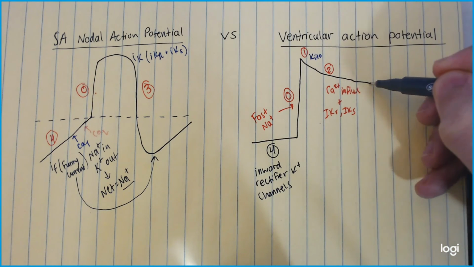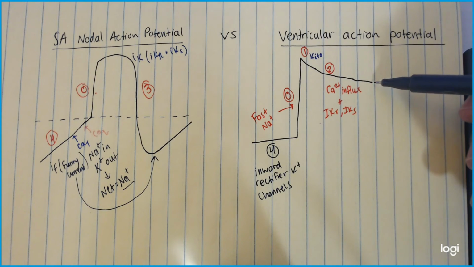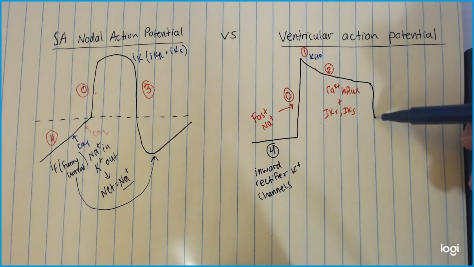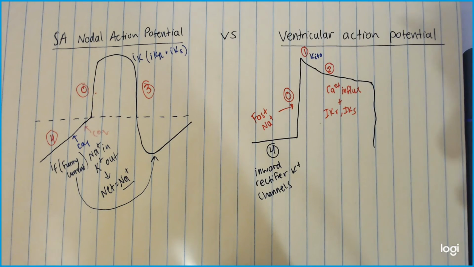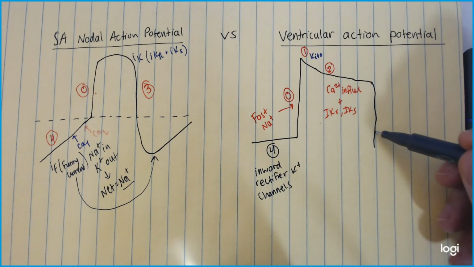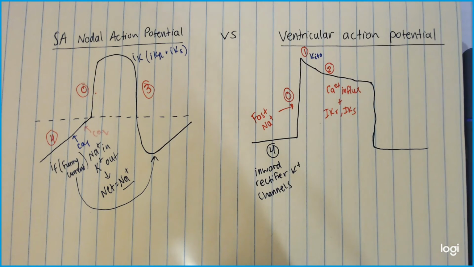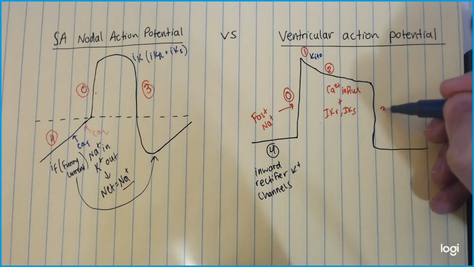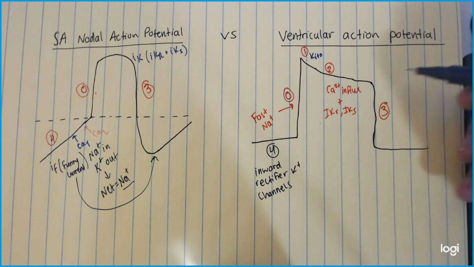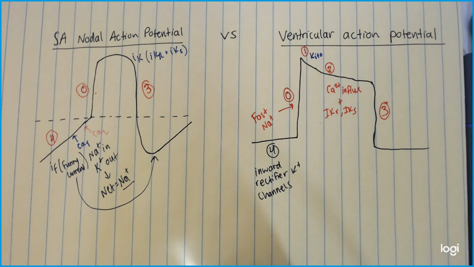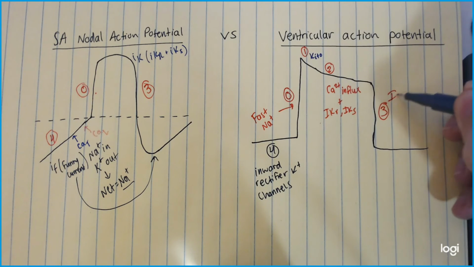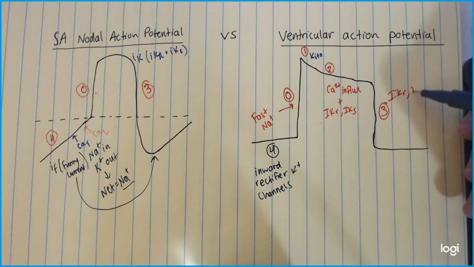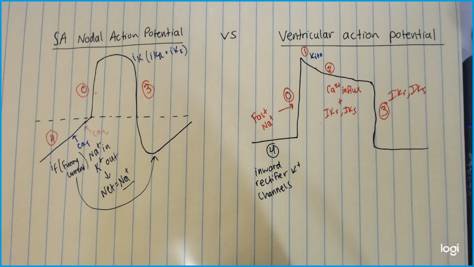and it's going to keep going, and eventually calcium's not going to be involved anymore, and it's just the IKR and IKS. And it looks like that, and then it goes like that. And so this, just like in nodal, is phase 3. And so this is IKR, IKS, they're just potassium channels.